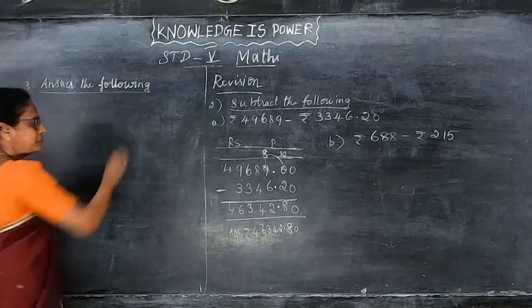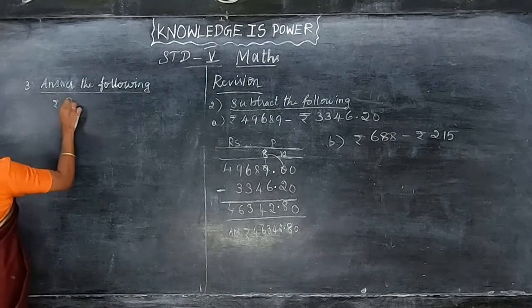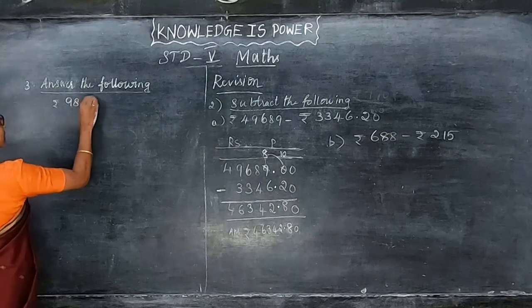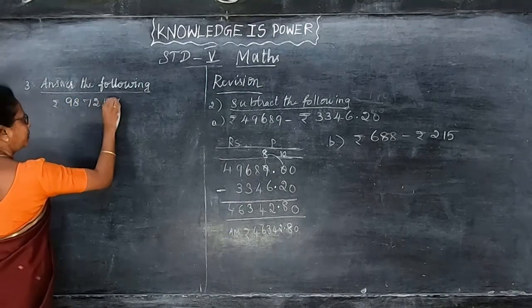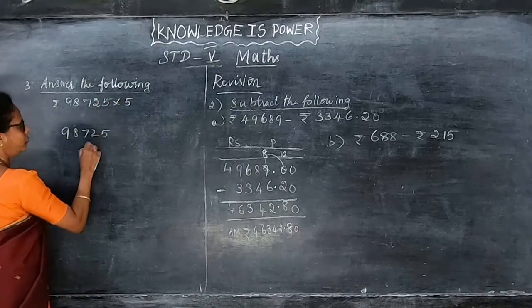In this, answer the following: rupees 98725 into 5. So you multiply this number into 5.